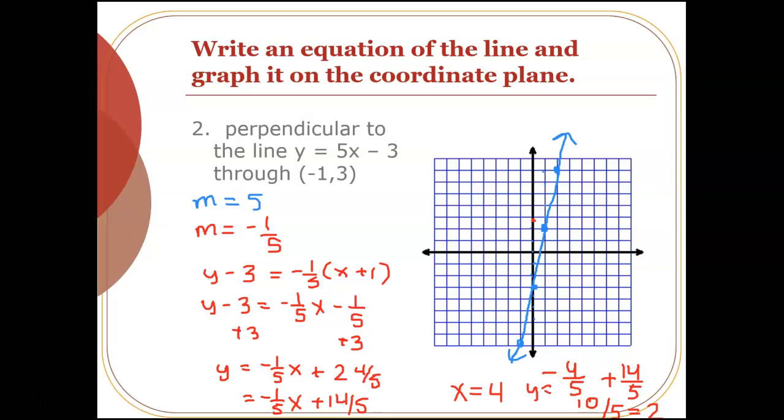So what that means is that when x is 4, y is 2. And then you could apply your slope to that. So down 1 and right 5, or up 1 and left 5.